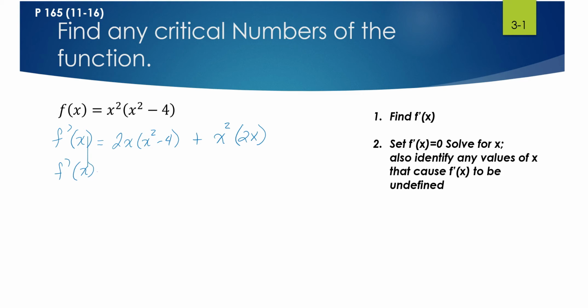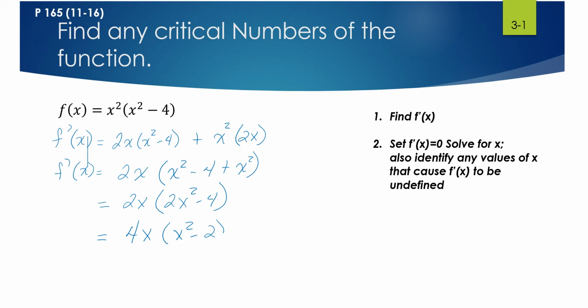And this was the reason that you were always factoring out whatever you could and simplifying your derivatives, because we're about to set it equal to 0. So we get 2x times 2x squared minus 4. I can factor out another 2, and I get 4x times x squared minus 2.